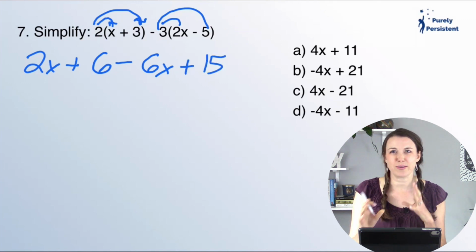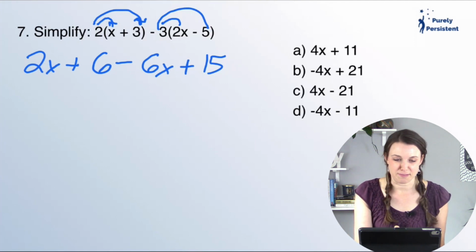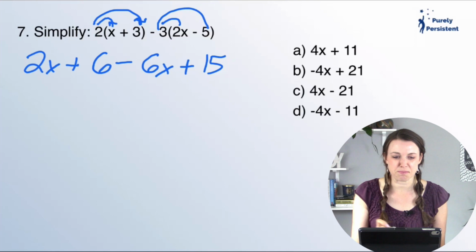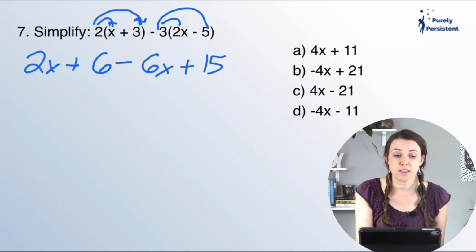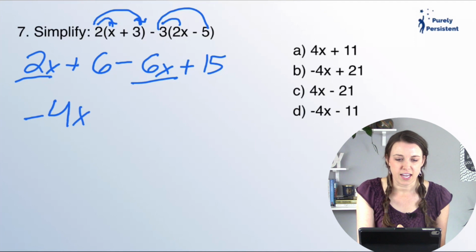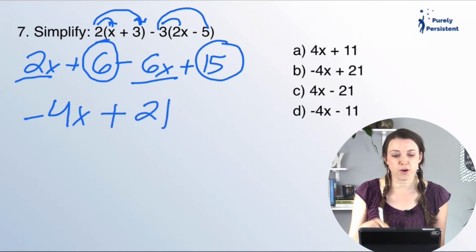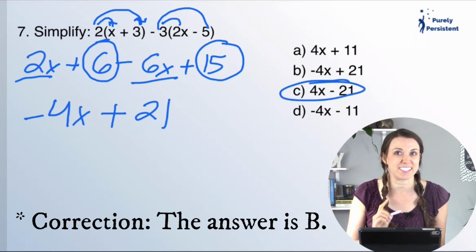So you really have to know those positives and negatives when you're multiplying. Okay, combine like terms, and I have 2x minus 6x is going to be negative 4x, and then I have 6x plus 15, 6 plus 15 is 21. So negative 4x plus 21, looks like our answer here is C.